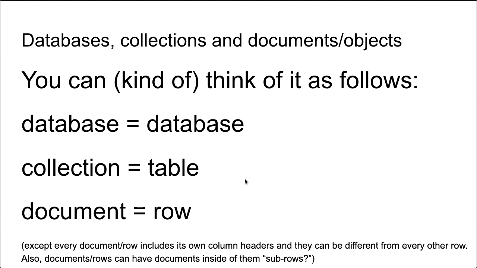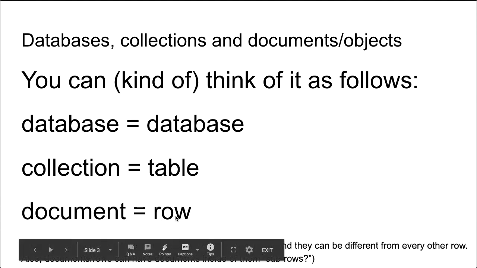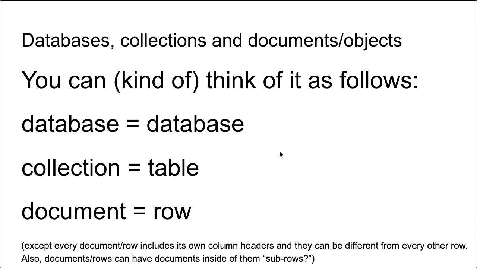You can kind of think of a document as a row in a database, but really it's its own thing. And a collection of documents is kind of like a table that has a bunch of rows in it, if you want to think of it that way. One of the biggest differences is that in MySQL, a row cannot have rows inside of it.